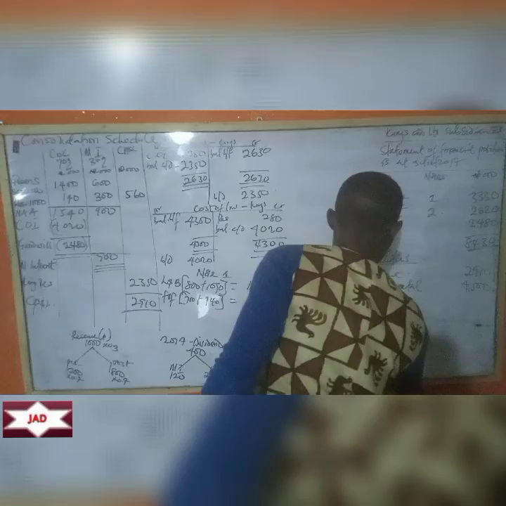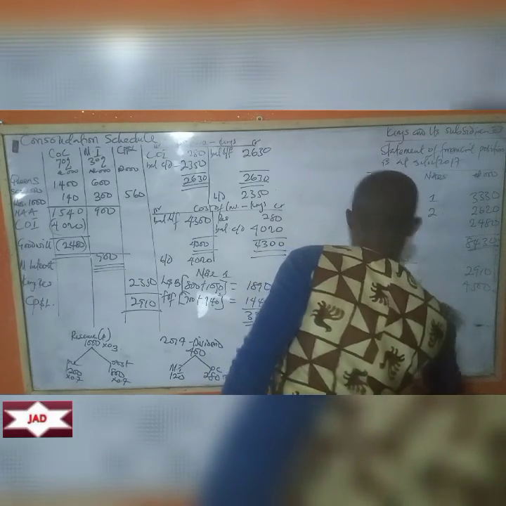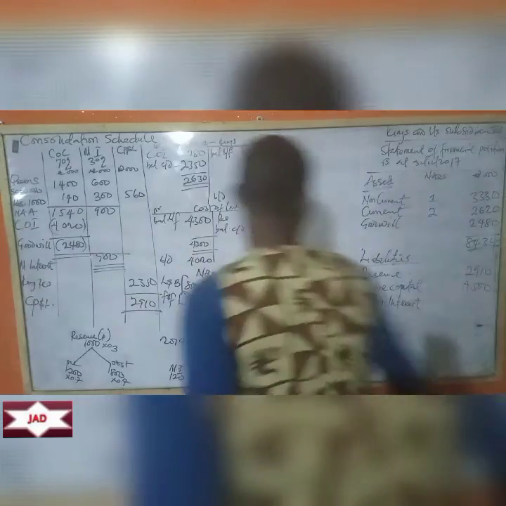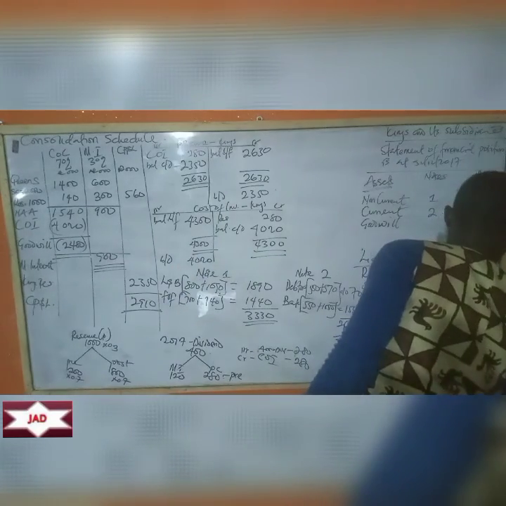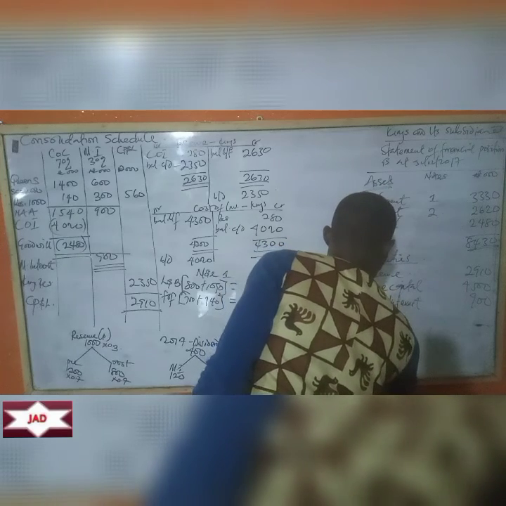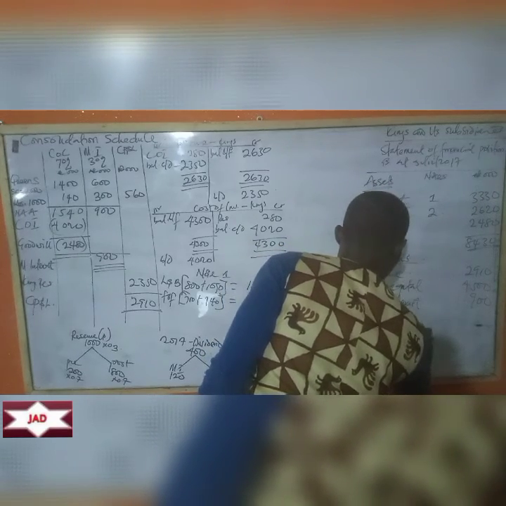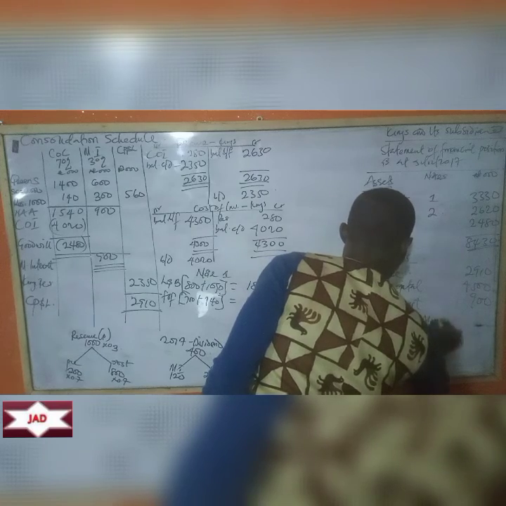Then we have minority interests. What do we have? 900. Right? Then what do we have there? Dividend due to minority interests.